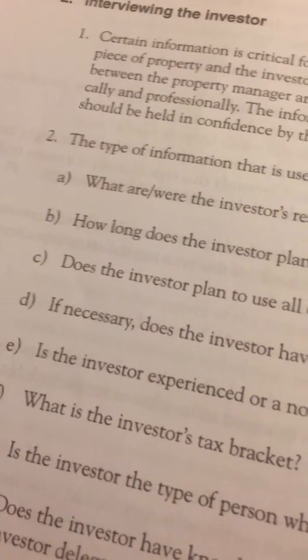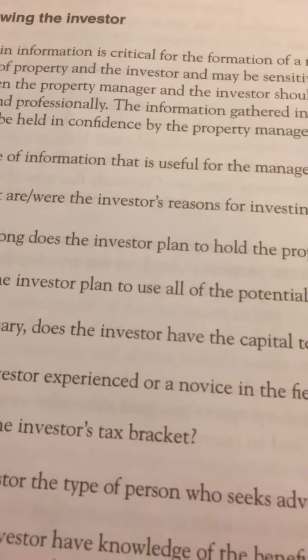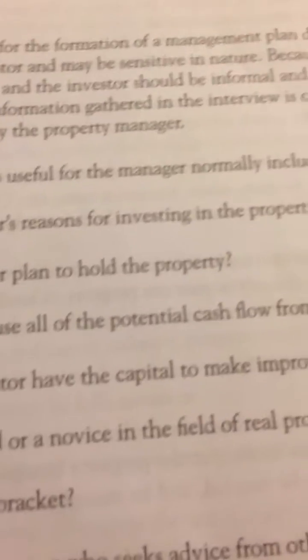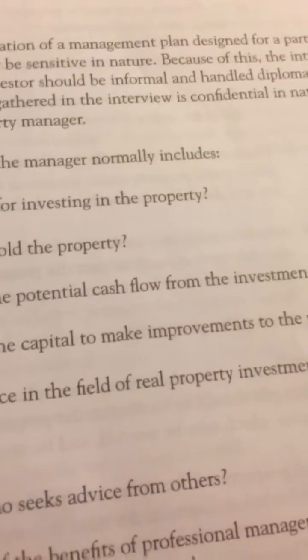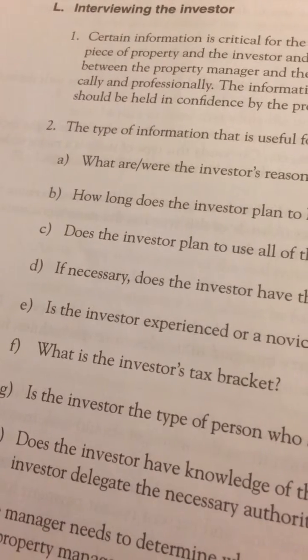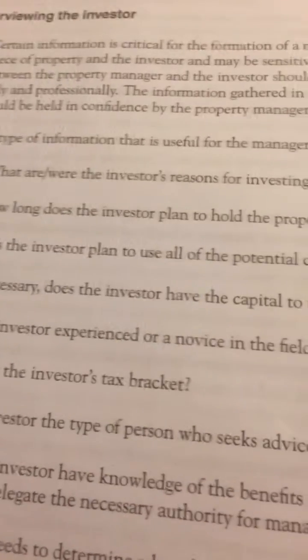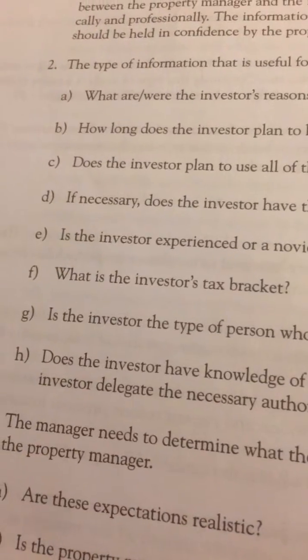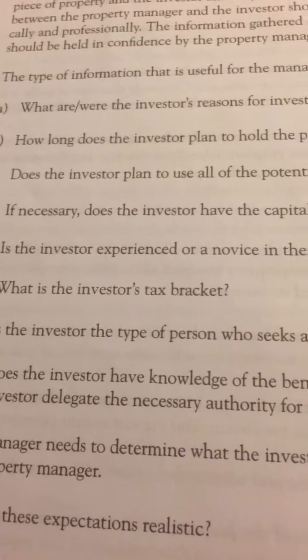C. Does the investor plan to use all of the potential cash flow from the investment? D. If necessary, does the investor have the capital to make improvements to the property? E. Is the investor experienced or a novice in the field of real property investments?